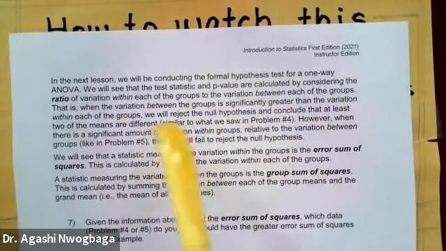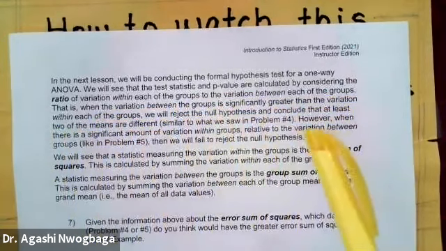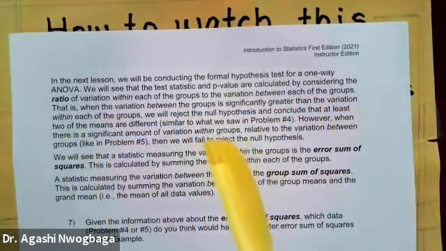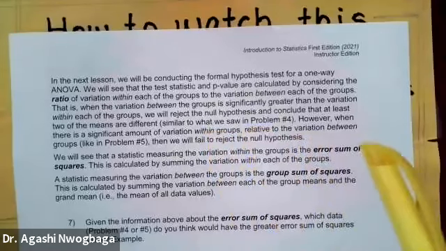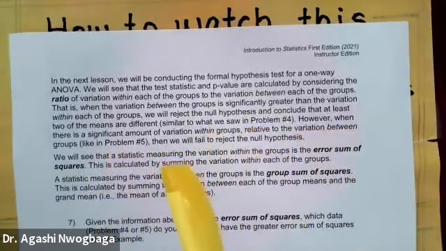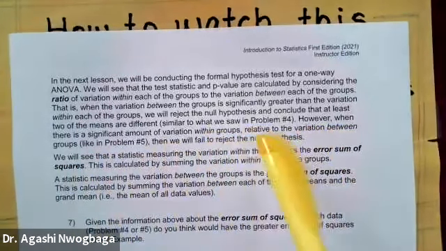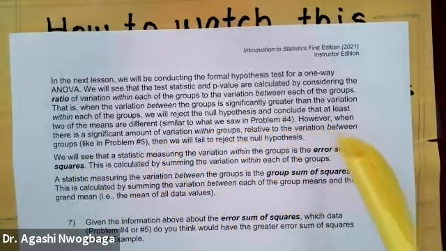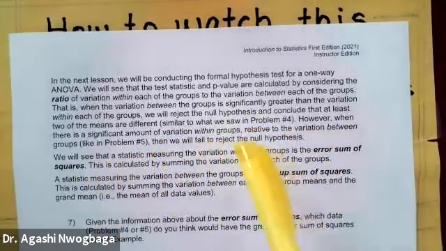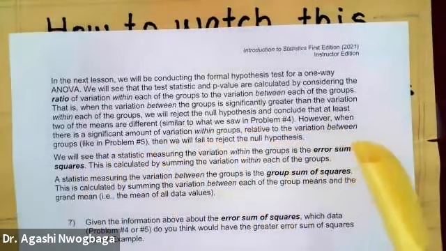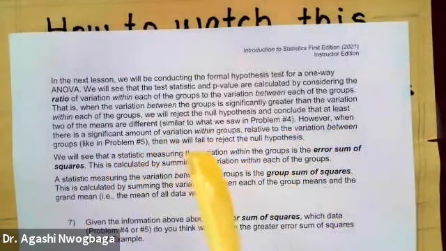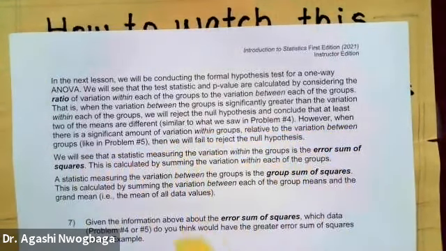That is, when the variation between the groups is significantly greater than the variation within each of the groups, we will reject the null hypothesis and conclude that at least 2 of the means are different, similar to what we saw in problem number 4. However, when there is a significant amount of variation within groups relative to the variation between groups, like number 5, then we will fail to reject the null hypothesis.